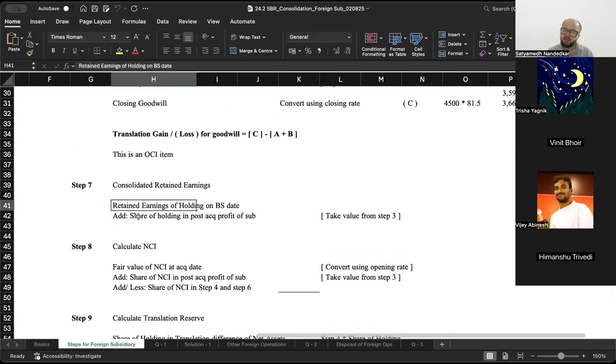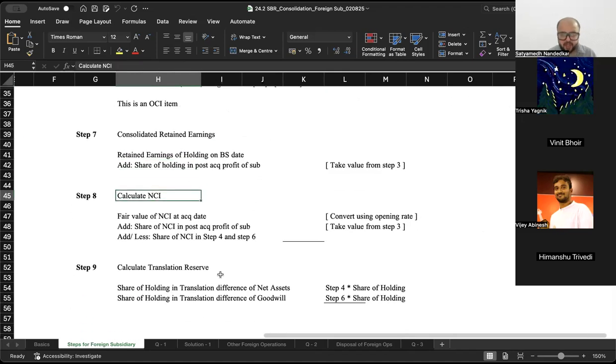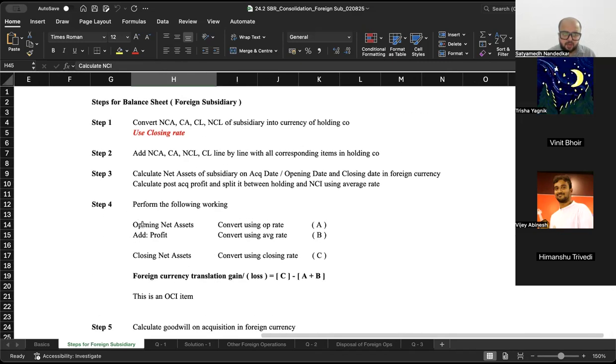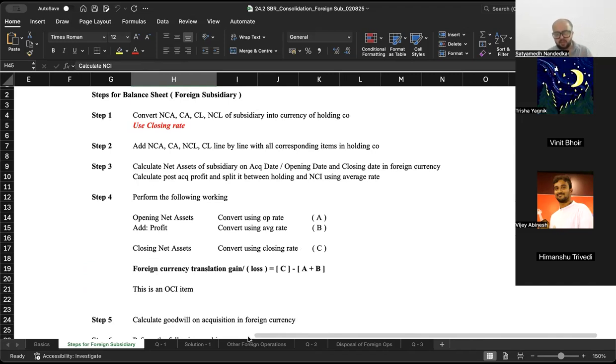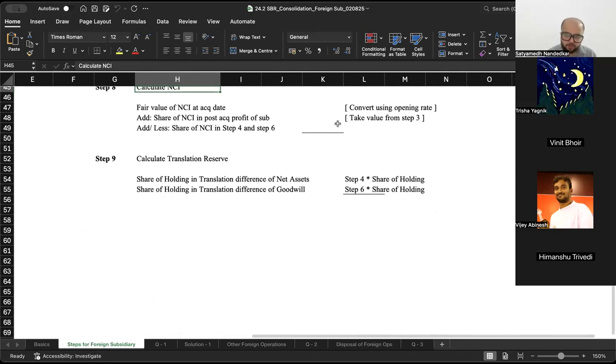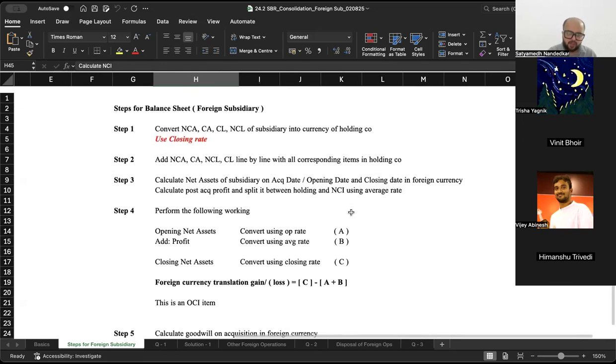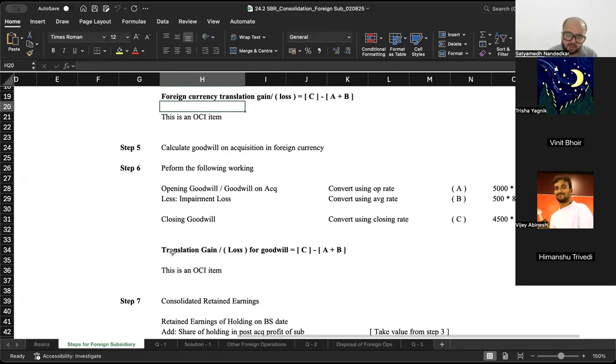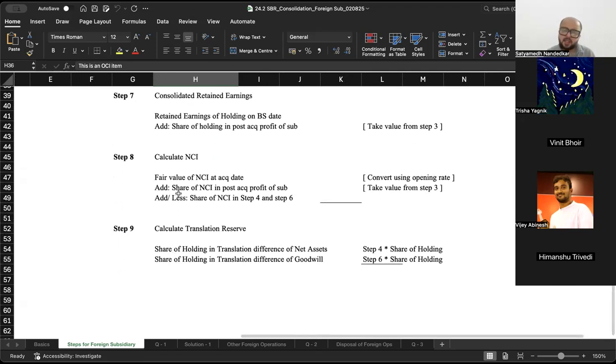Prepare consolidated retained earnings by adding share of holding in post-acquisition profit of subsidiary. Calculate NCI. And most importantly, the value that you calculated in step 4, when you calculated the translation gain on the net assets and the translation gain on goodwill, take the total of those two, multiply that with the share of holding company, that becomes your foreign currency translation reserve, and add or less share of NCI in step 4 and step 6, whatever you calculated here, translation gain or loss, step 6 translation gain or loss, calculate the share of the NCI in that and add it in the NCI working.